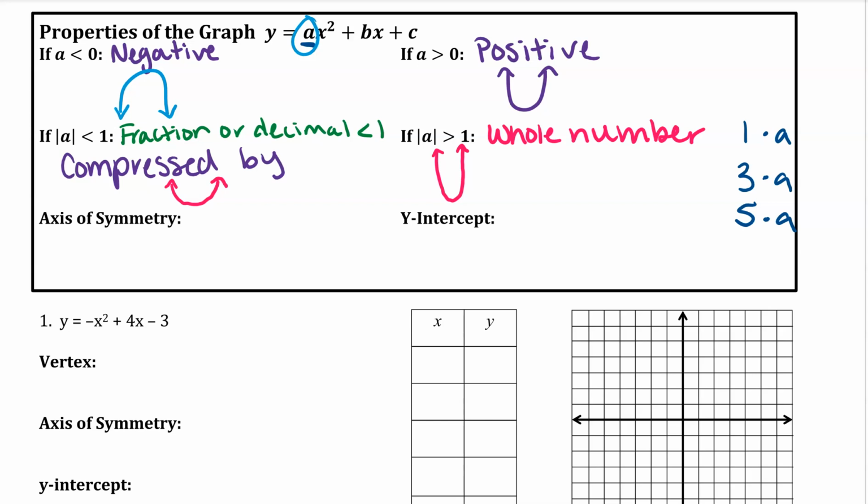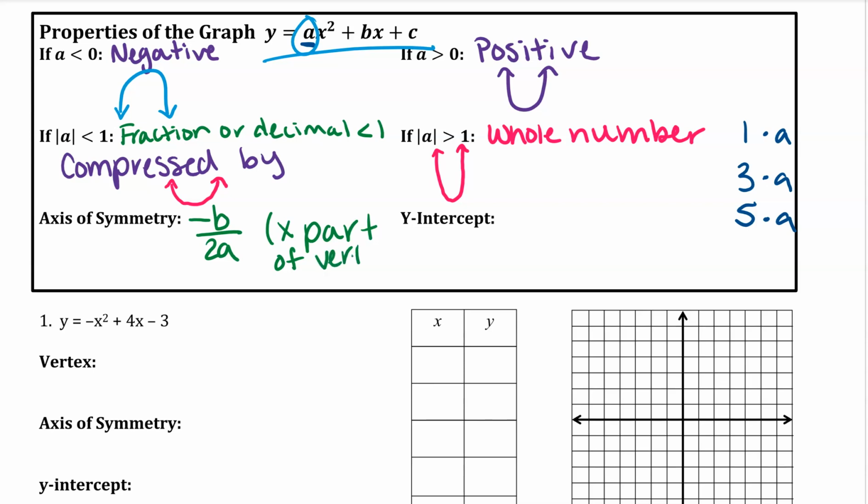We kind of already went over axis of symmetry. So to find the axis of symmetry, if it's in standard form like this, which all of our equations are going to be today, you just have to do negative b over 2a. And that's how you find the x part of the vertex, which we talked about is your axis of symmetry.